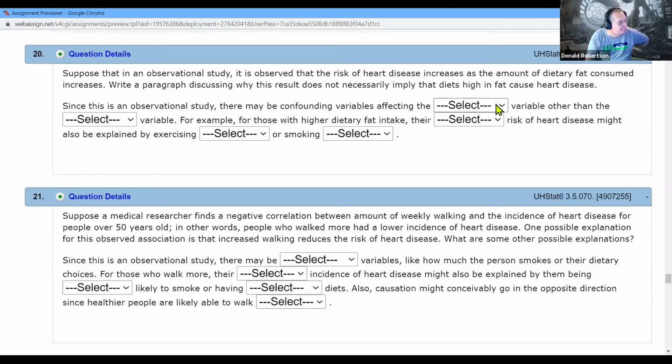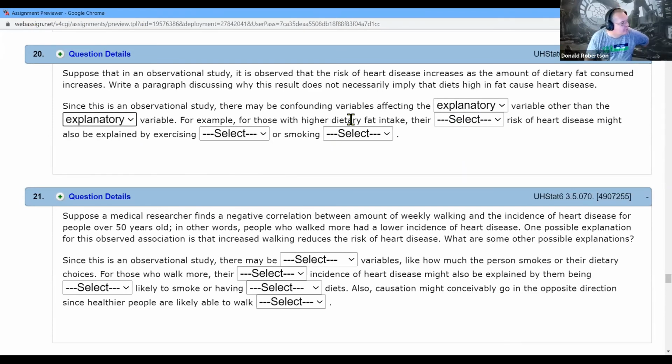Confounding variable, affecting the explanatory variable. Since this is an observational study, there may be confounding variables affecting the explanatory variable other than the explanatory variable.